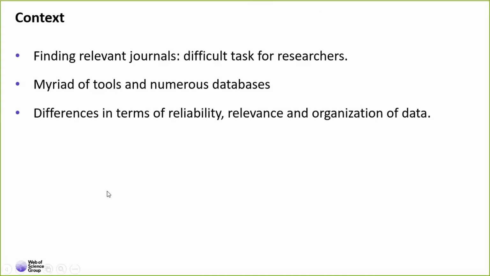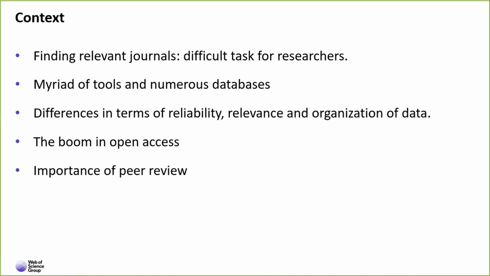Let's continue. So lots of journals claiming they're open access, so lots of available journals for publication. And the importance of peer review as well. You want to publish in a journal where your manuscript has been evaluated by peers. That's very important. And the problem of predatory journals.